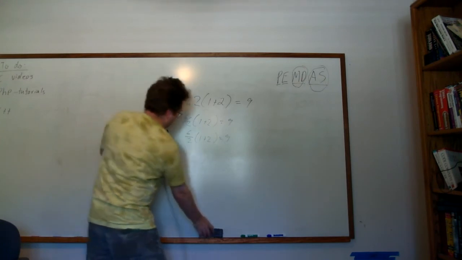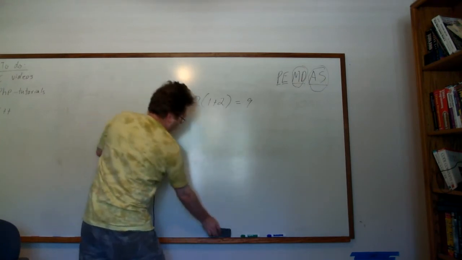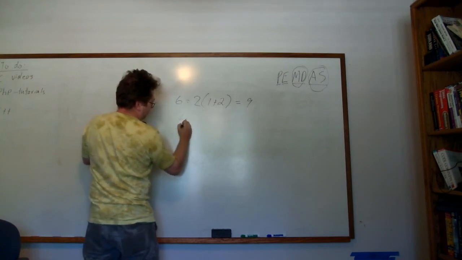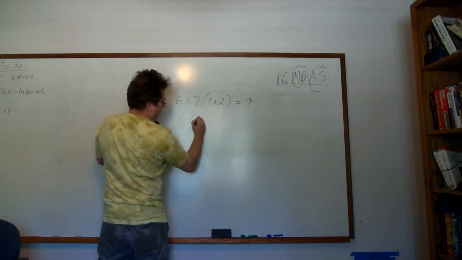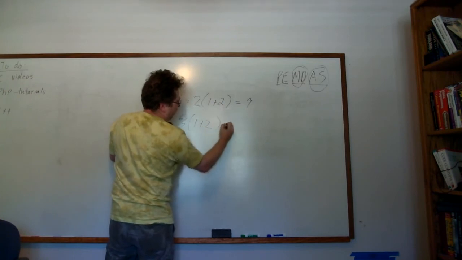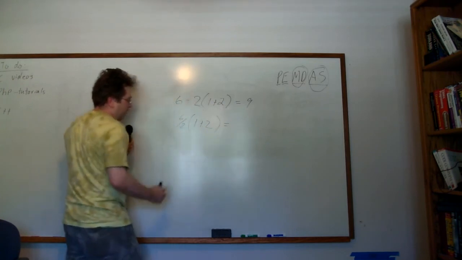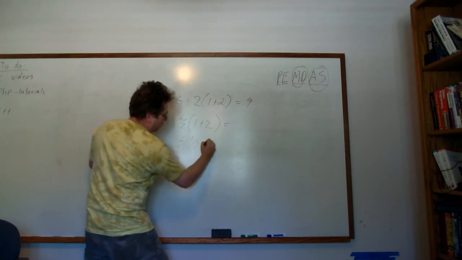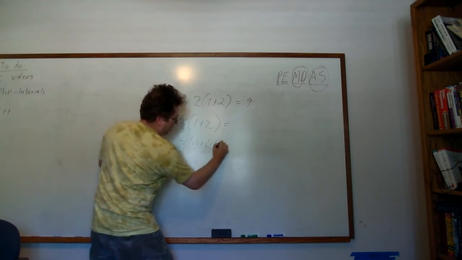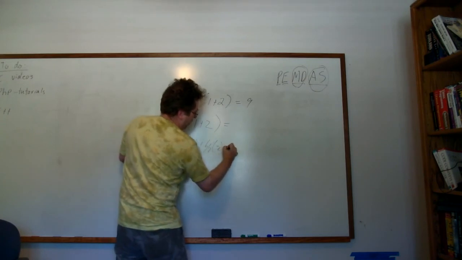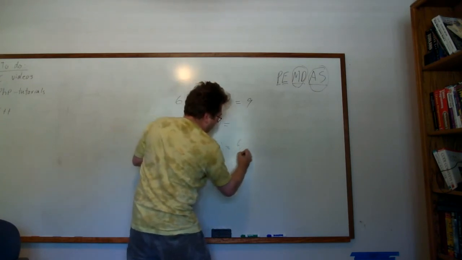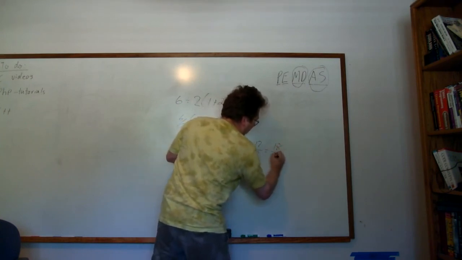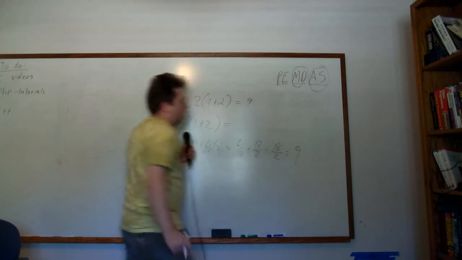So now let's take a look at the other way of solving this problem, the way these people were doing it. 6 divided by 2 times (1 plus 2) equals, and we're about to find out. 6 times 1 over 2 plus 6 times 2 over 2 equals 6 halves plus 12 halves equals 18 halves, equaling 9.